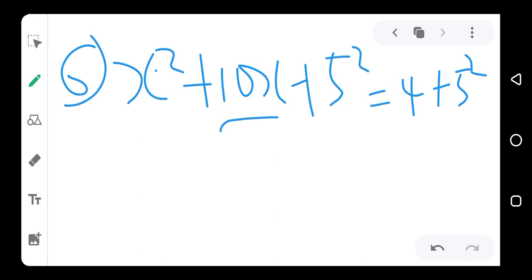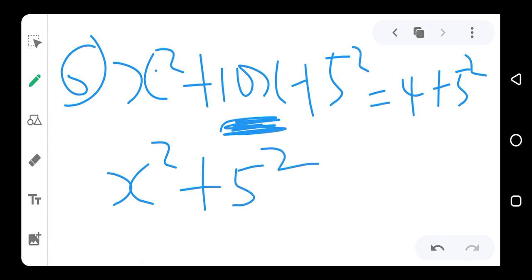Now we remove the original value that contains b, so that what we are going to have is x squared plus 5 squared is equal to 4 plus 5 squared.